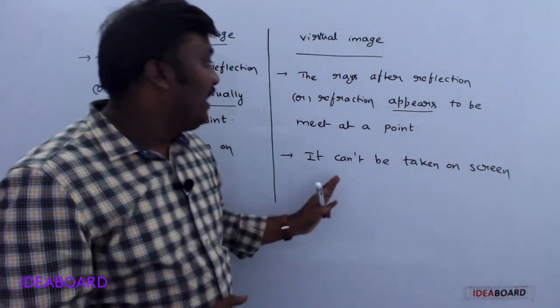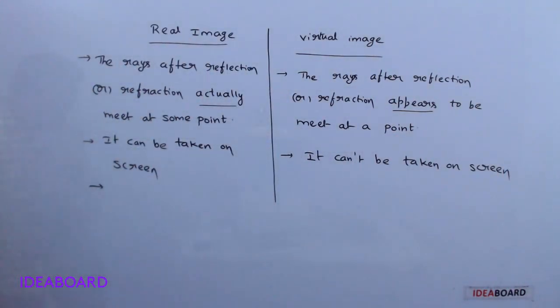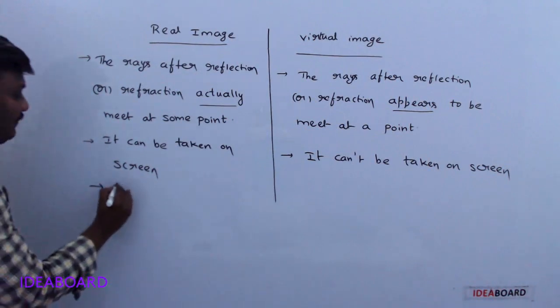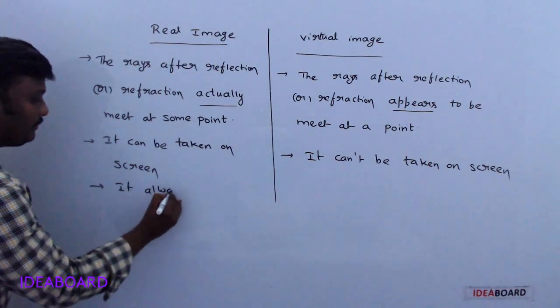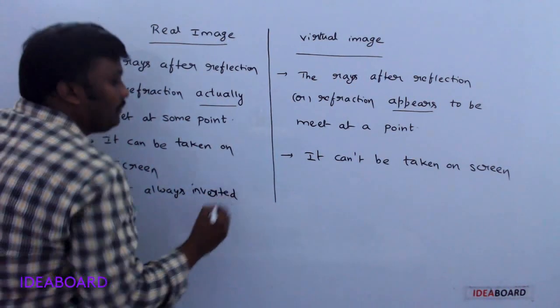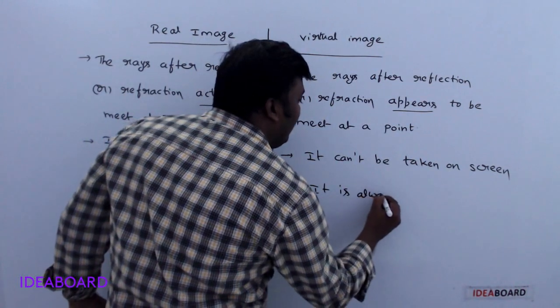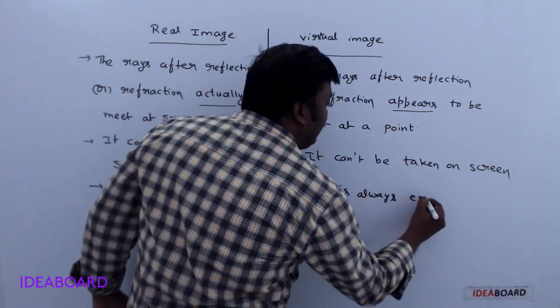Is it clear? It is not taken on the screen. And the third one, a real image is always inverted, but a virtual image is always erect.